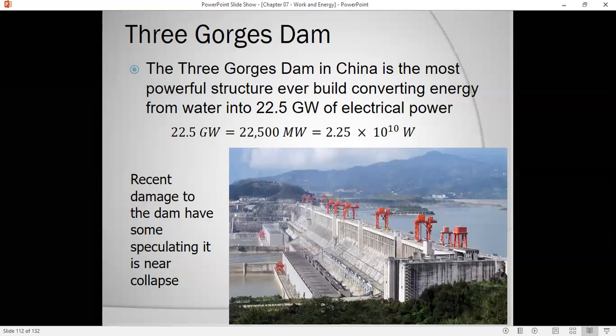But in any case, it generates 22.5 gigawatts of power at full capacity. That's 22,500 megawatts, or 2.25 times 10 to the 10 watts of power. Again, this is the most powerful thing ever built by humans.